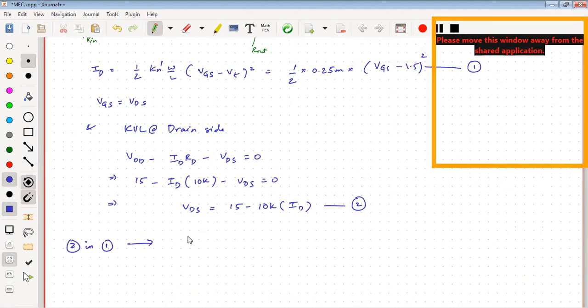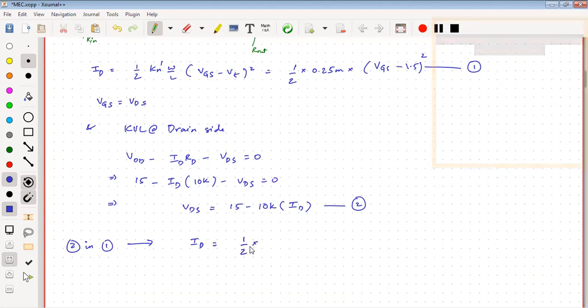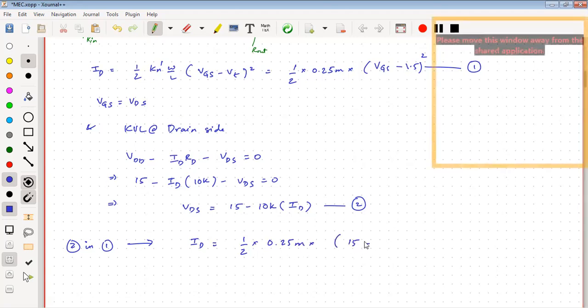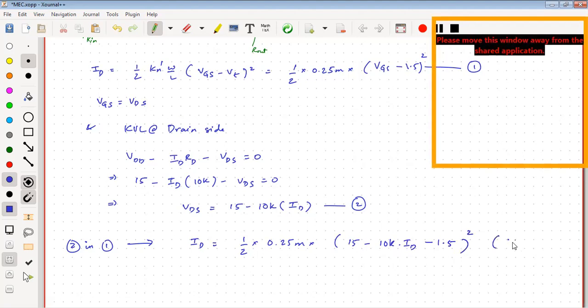I will get ID equals half into 0.25 milli into 15 minus 10 kilo into ID minus 1.5 whole square, since VDS is the same as VGS. That assumption you have to make.